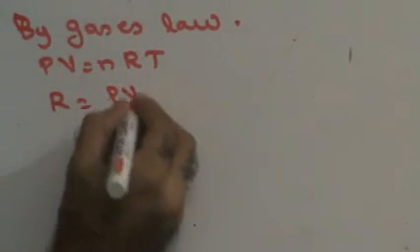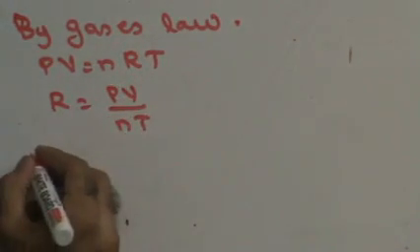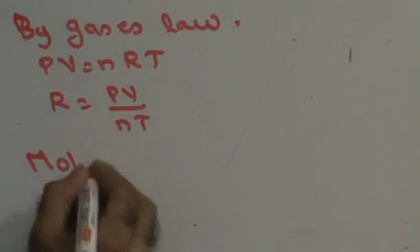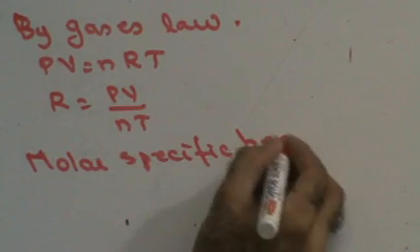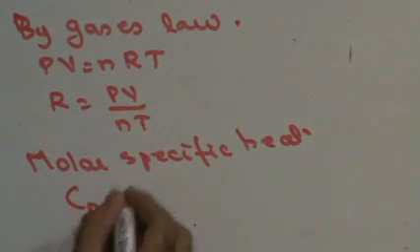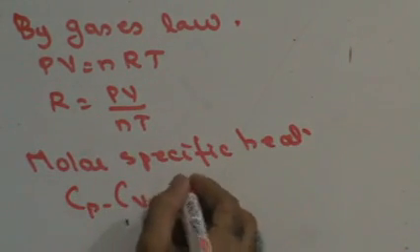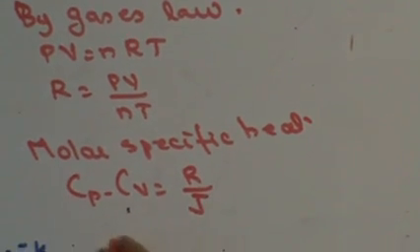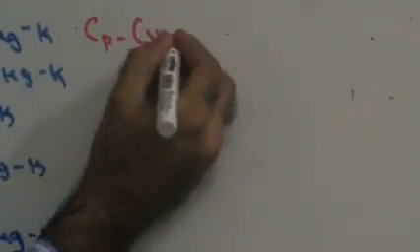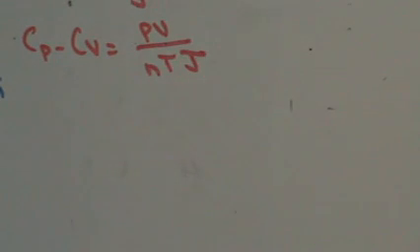So from here, I can say R is equal to PV upon nT. Then I can apply the molar specific heat formula. Cp minus Cv is nothing but R upon J. But R we found out is PV upon nT. So Cp minus Cv is PV upon nTJ. You know P, V, n, T and J. You should be able to substitute and get the answer.